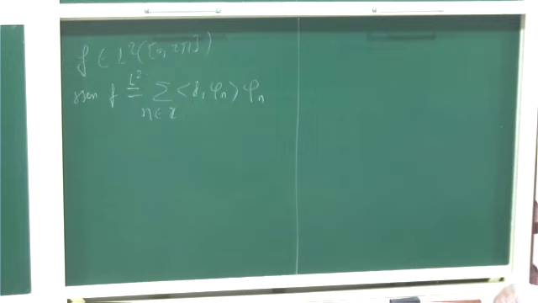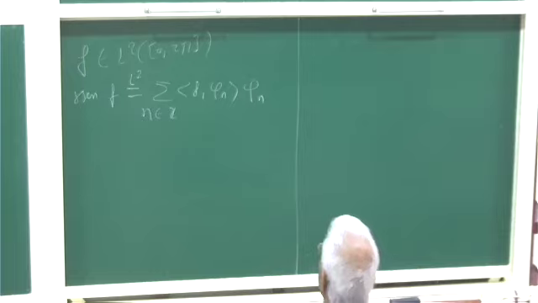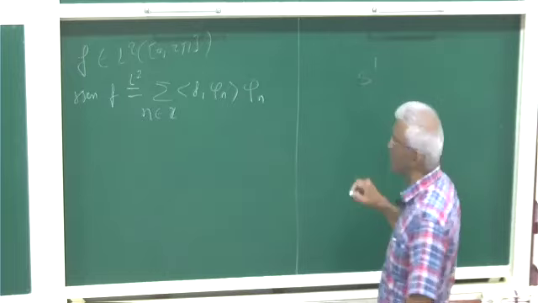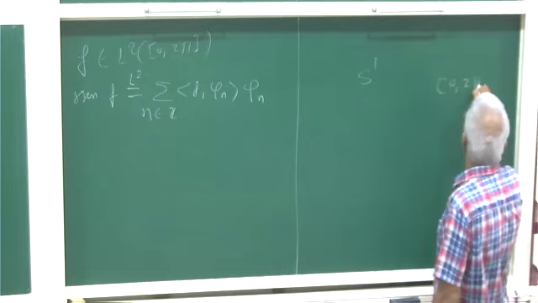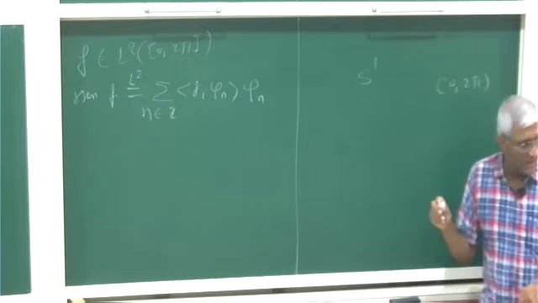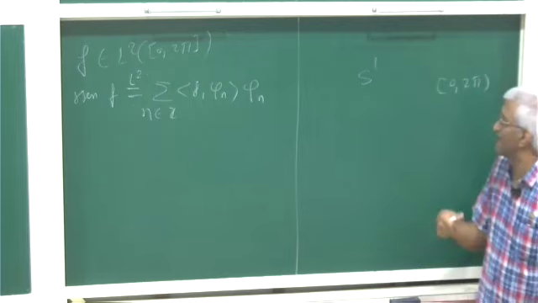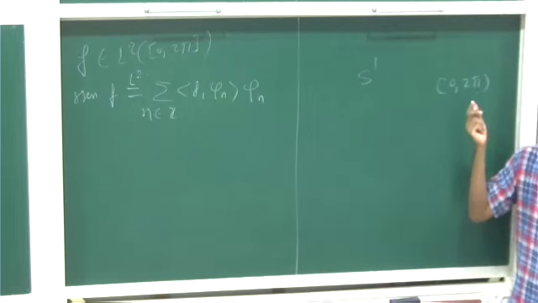On C_0 of 0 to 2 pi, this means the endpoints coincide. You have a circle, so it is just one point.